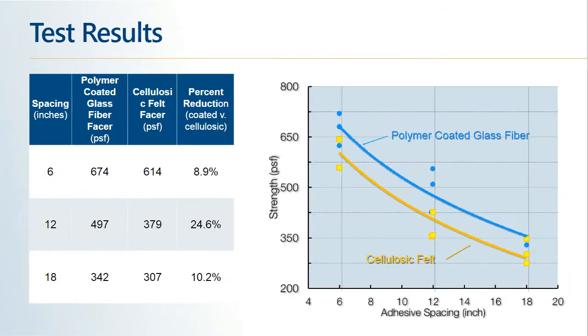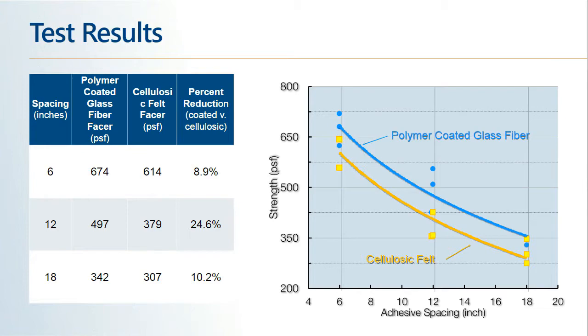So this slide here shows really in tabular form the test results, and on the right, in graph form, you can see ribbon spacings shown along the horizontal axis, spacings from 4 to 20 inches apart, and on the vertical axis a load in pounds per square foot from 200 to 800, with an incremental division of 75 pounds per square foot per horizontal line.